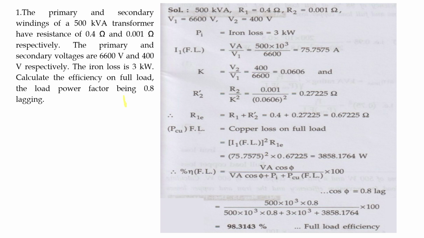So that is VA cos phi, which is the output power, plus copper loss Pcu and iron loss Pi. Here VA is 500 kVA into 10^3, cos phi is 0.8, the same term in the denominator, and the copper loss is 3858, and the core loss or iron loss is given as 3 kilowatts. So by the way, we calculate the full load efficiency as 98.31%.